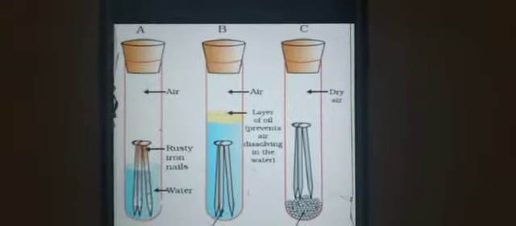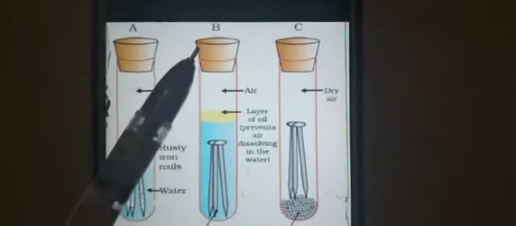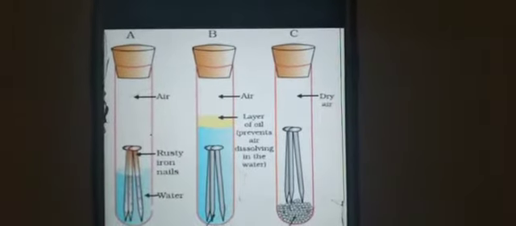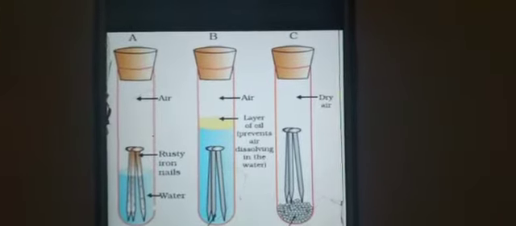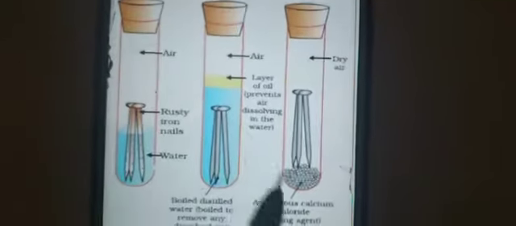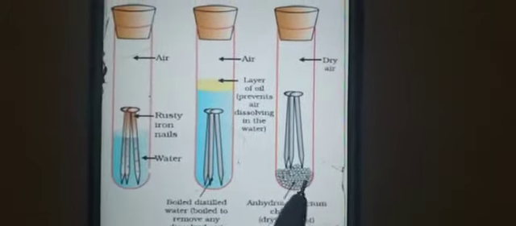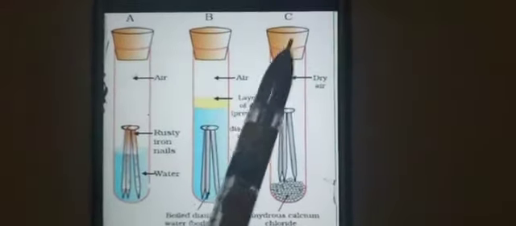Why the oil? Because this oil will float on the water and prevent the air from dissolving in the water. Next, in test tube C, put some anhydrous calcium chloride and cork it.